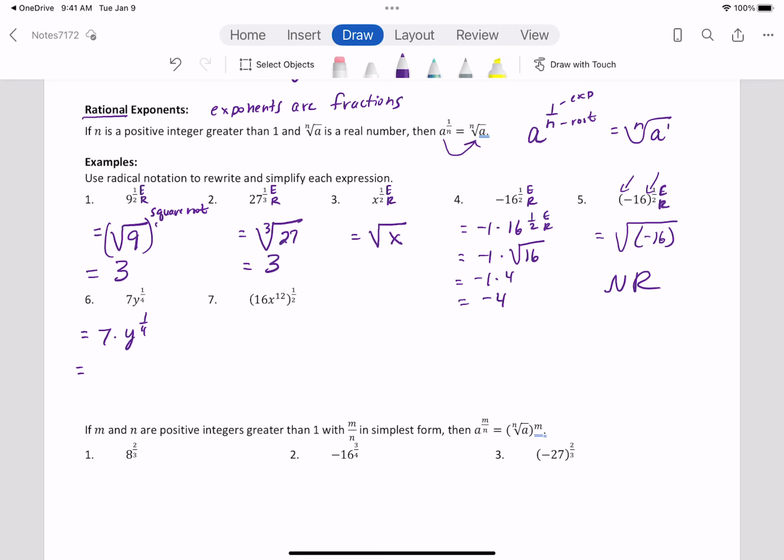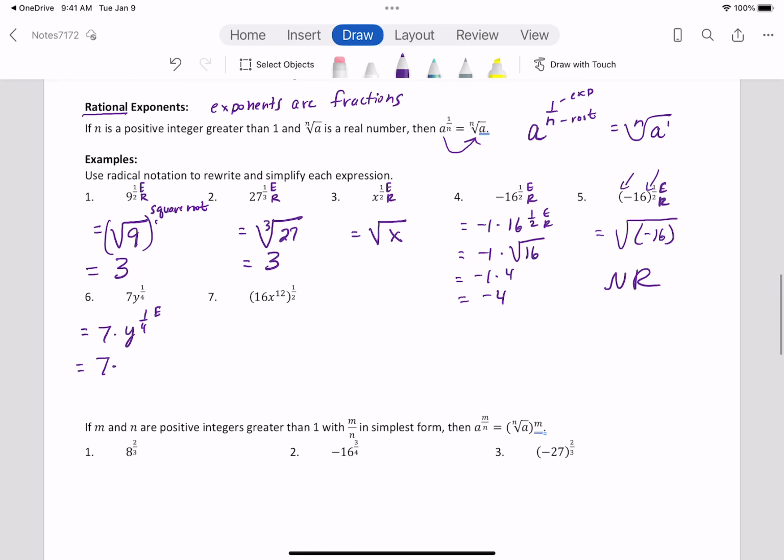So that's why it's important to know here that it's 7 times y to the 1/4, because the y is the only thing being raised to the 1/4. So we have a 4th root of y to the first, and again that exponent being 1 doesn't change anything, so this is just 7 4th root of y.